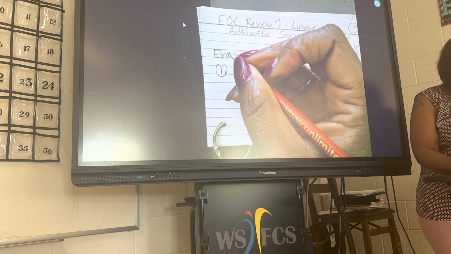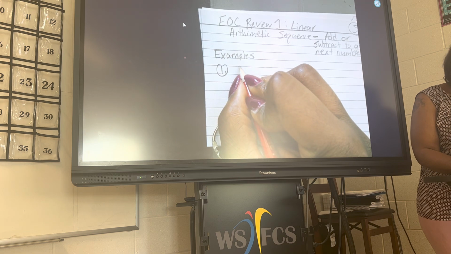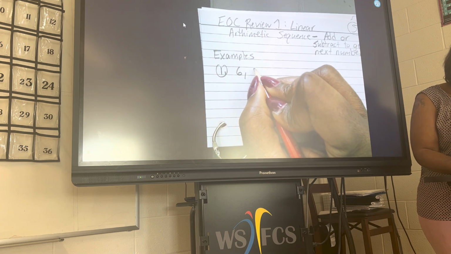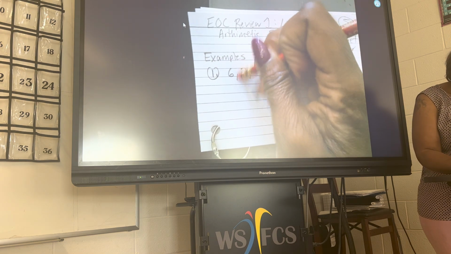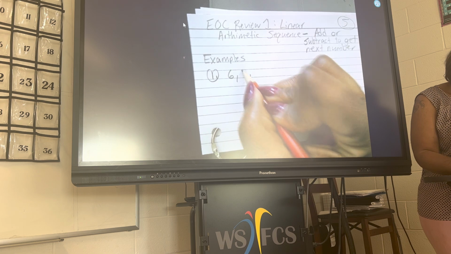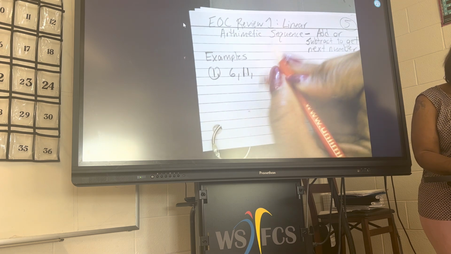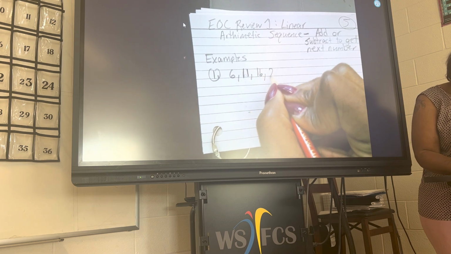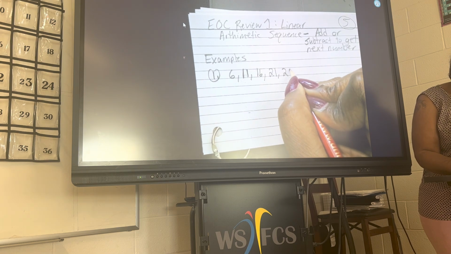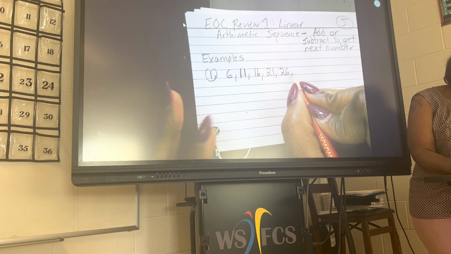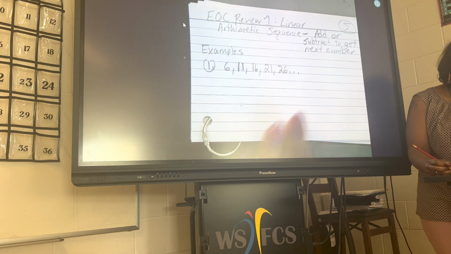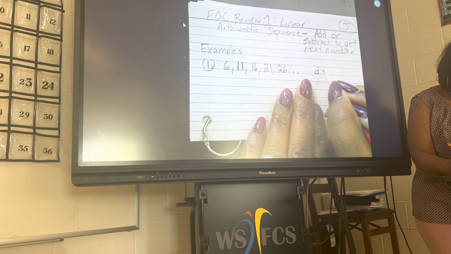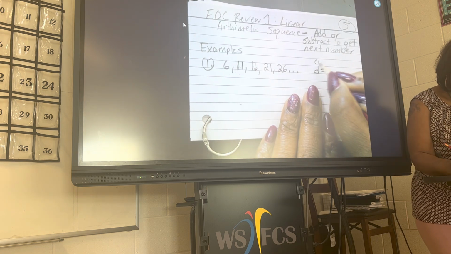Let's do 6 is the first number, 11, 16, 21, 26. All right, this is an arithmetic sequence. Are we adding or are we subtracting to get to the next number? Adding.